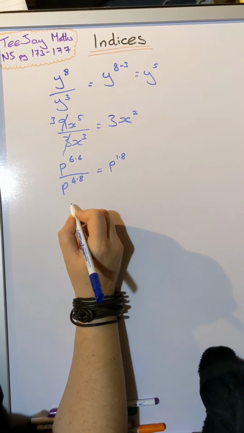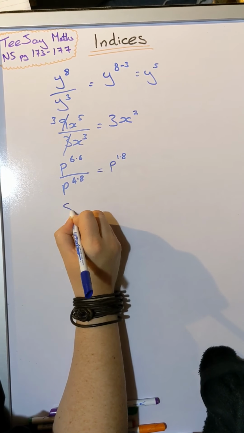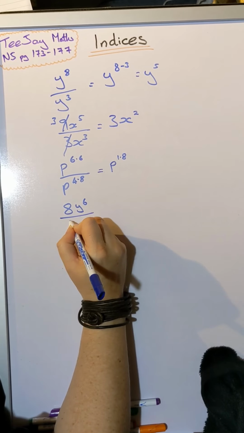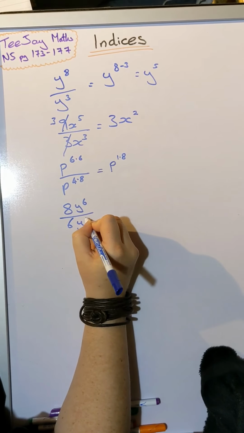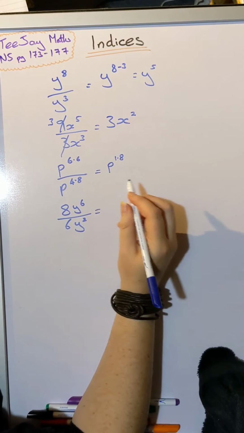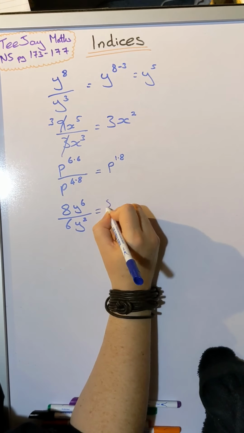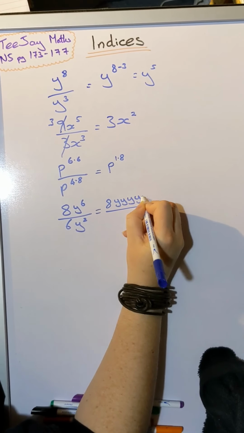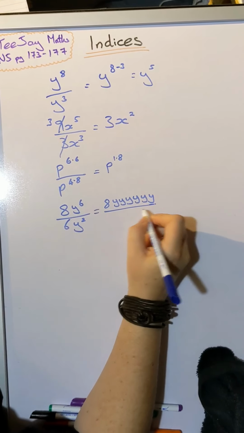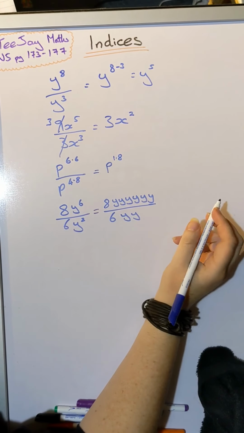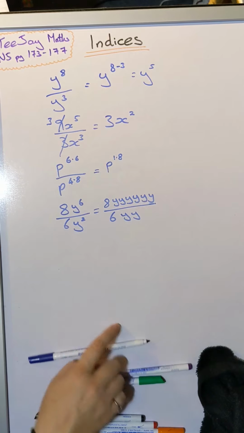I'll give you one more example of this. If we have 8y to the 6 over 6y squared. Another way you can think of this would be 8 y over 6y, and you could cancel down.